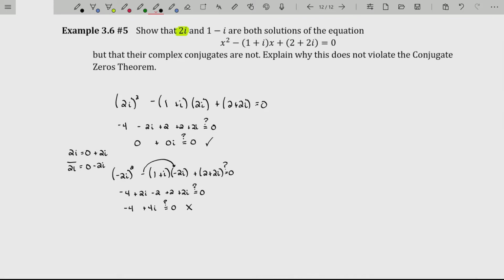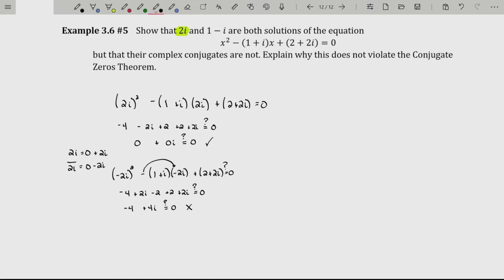And why doesn't this violate the conjugate zeros theorem? Because the conjugate zeros theorem says that if we have something that turns a polynomial into 0, and that something is a complex number, its conjugate should also be a 0.